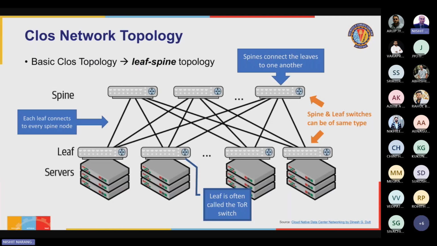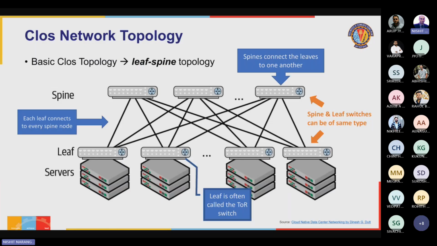So we saw that the Clos network topology consists of a layer of switches called the leaf switches, which are also sometimes called the top of rack switches, which exist within every rack. That rack, apart from the leaf switch, also holds the other servers. All these servers are connected via the leaf switch to each other. The servers in one rack are also connected to servers in the other rack via a backbone network, which we call the spine.